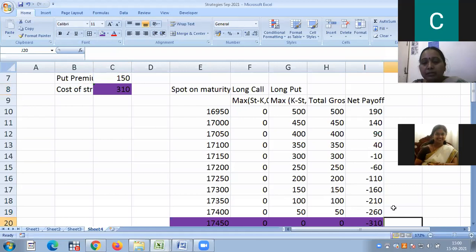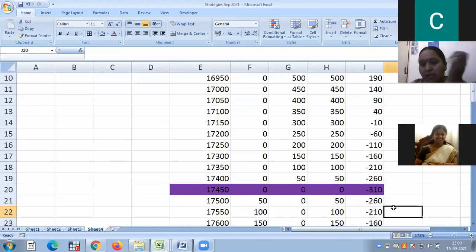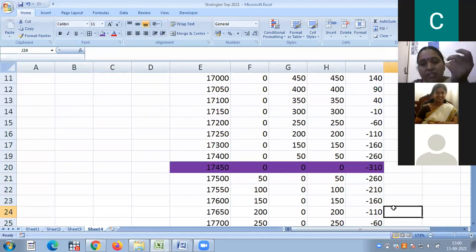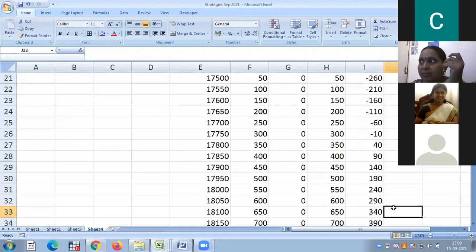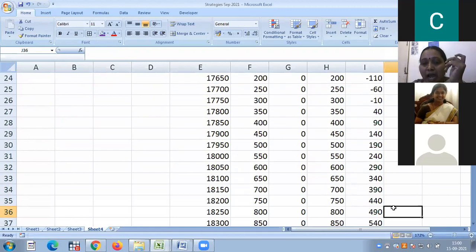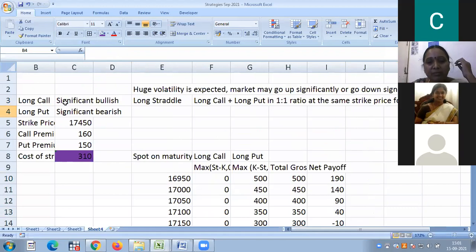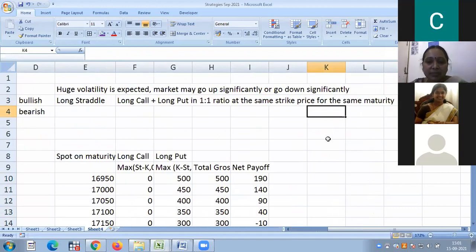And maximum gain is how much? It can be in any direction. It is unlimited. Why unlimited? In both call and put we have taken maximum gain only. So it can be unlimited.